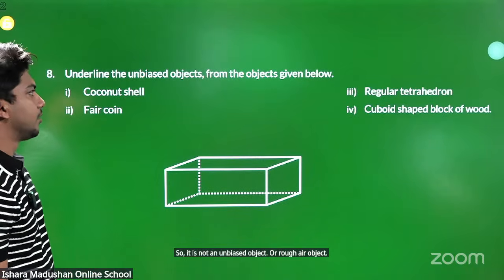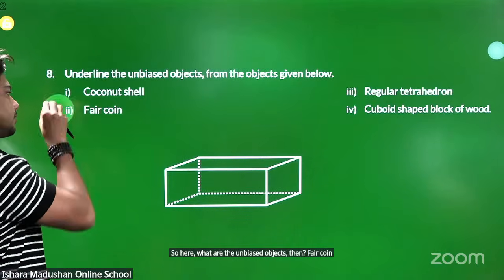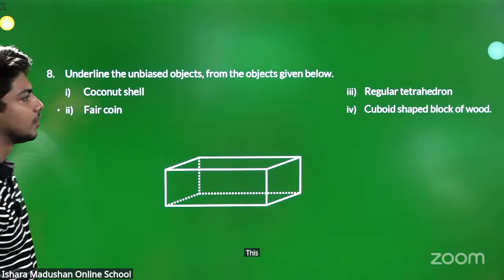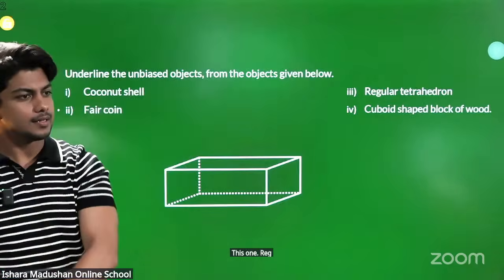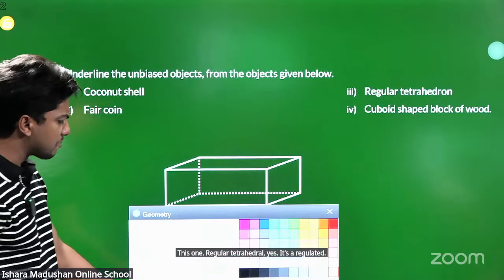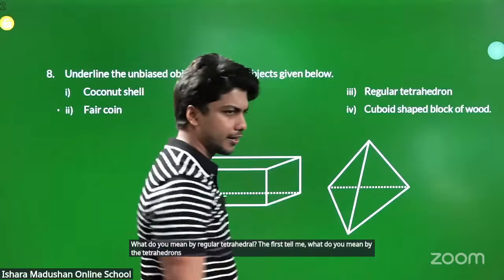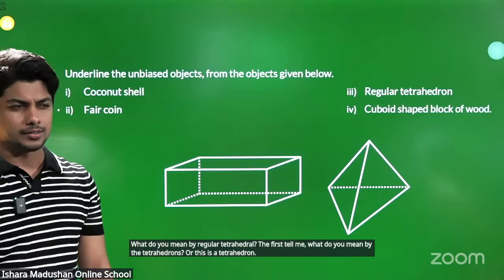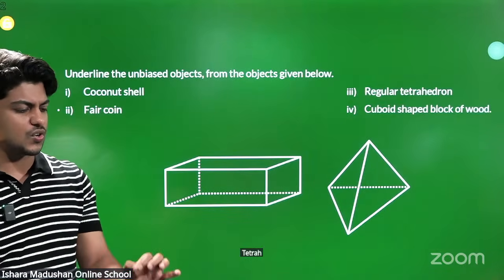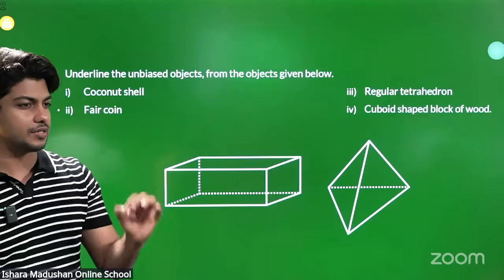Right. So here, what are the unbiased objects then? Fair coin. Yes. This one. Regular tetrahedron. Yes. What do you mean by regular tetrahedron? The first tell me, what do you mean by the tetrahedron? So this is a tetrahedron. Tetrahedron consists of 4 triangular surfaces.